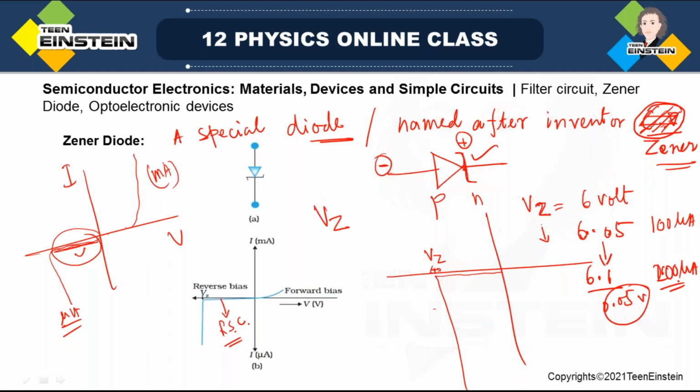I mean to say that when a Zener diode is operated in reverse bias condition, at its Zener breakdown voltage, there is almost no change in the voltage.